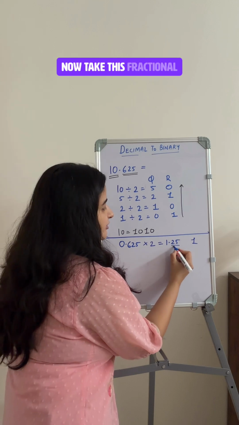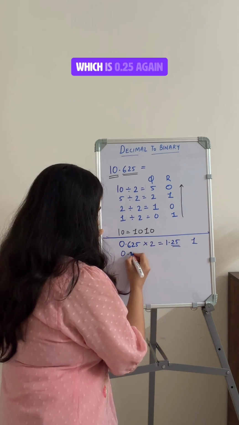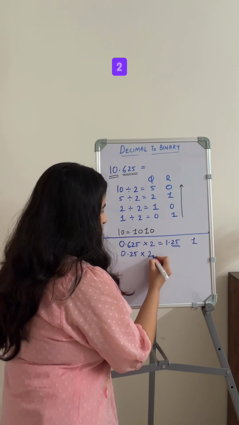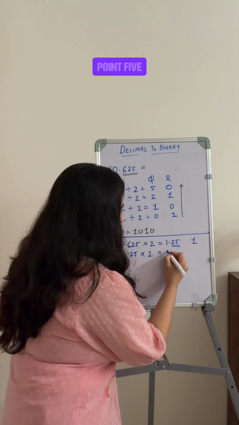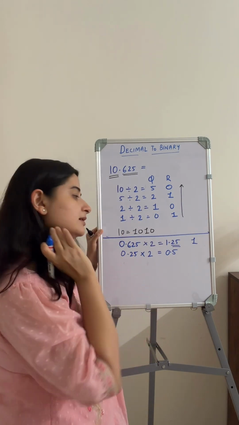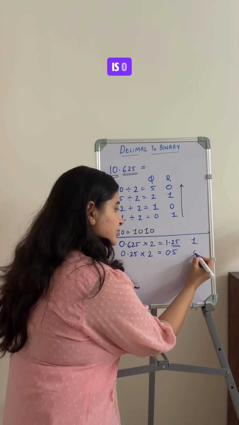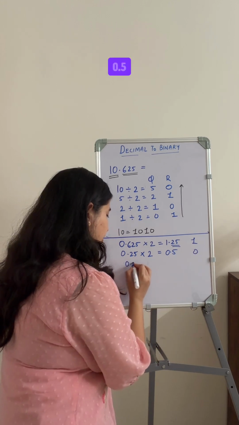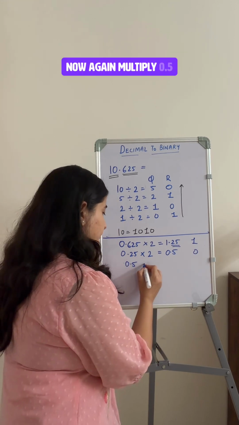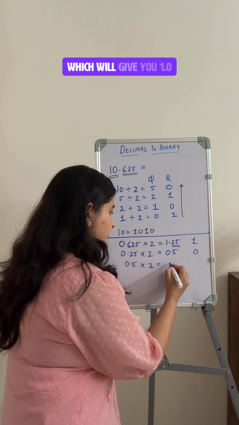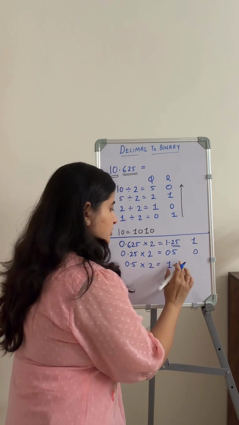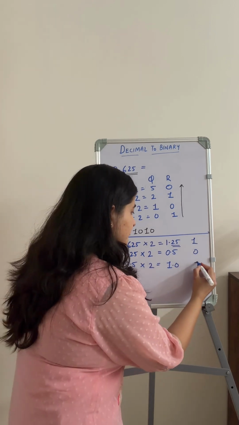Now take this fractional part, which is 0.25, and again multiply by 2. It will give you 0.5. So here the integer part is 0 and the fractional part is 0.5. Now again multiply 0.5 by 2, which will give you 1.0. So here the integer part is 1.